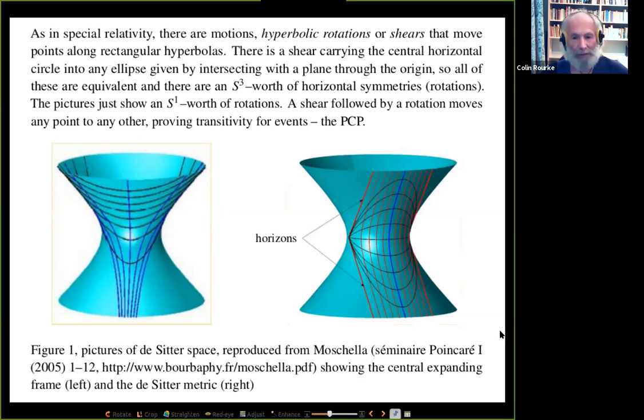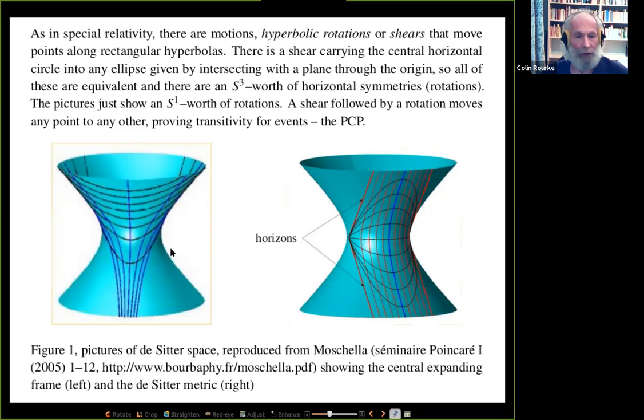If you go over to this picture here, you've got a circle in the middle, and a shear will take it up to any other one of these ellipses. The circle is the intersection of a horizontal plane through the origin with the hyperboloid, and the ellipses are the intersections of other planes through the same line across here. So they're all equivalent in de Sitter space.